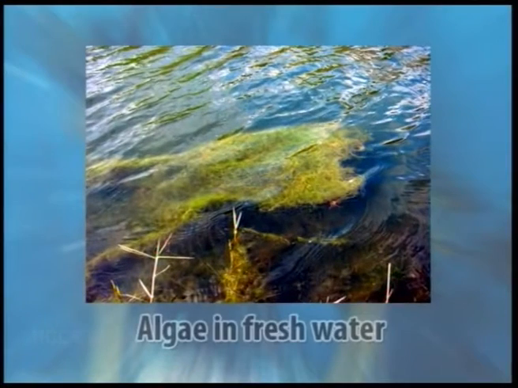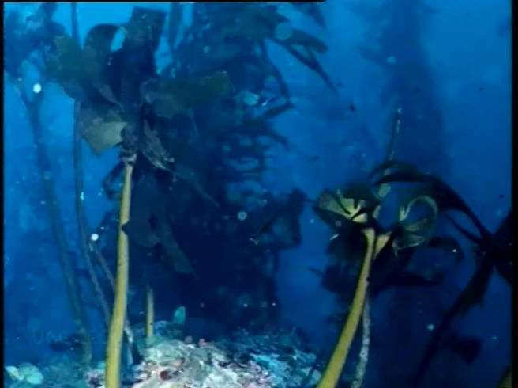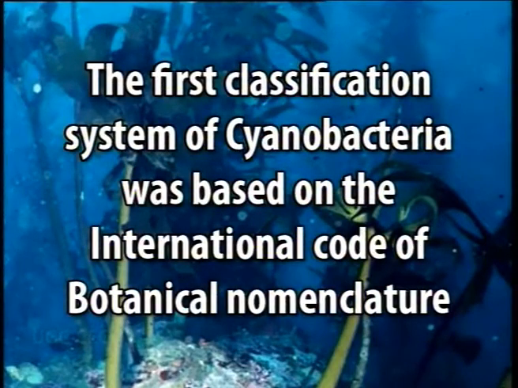For example, characteristics that may depend on the conditions of growth, and therefore they have been redefined or rather abandoned according to bacteriological criteria. These cyanobacteria were initially described as algae in the 18th century because they were considered plants, and the first classification system was therefore based on the International Code of Botanical Nomenclature.